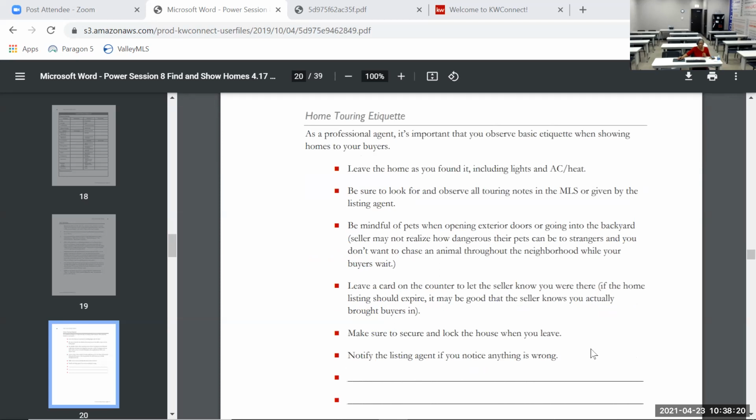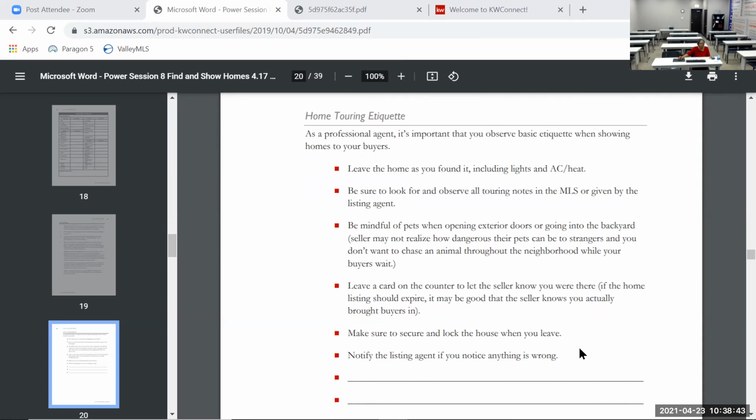Okay, be mindful of pets when opening exterior doors or going into the backyard. Seller may not realize how dangerous their pets can be to strangers, and you don't want to chase an animal throughout the neighborhood while your buyers are waiting on you. So be mindful of pets when you're opening exterior doors.